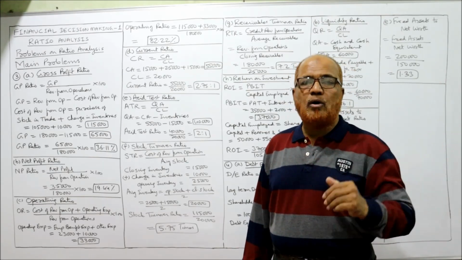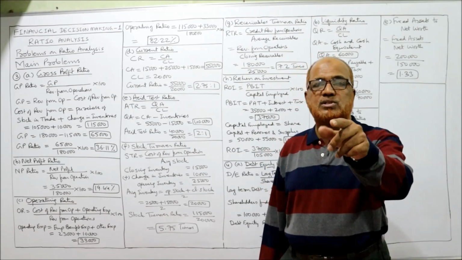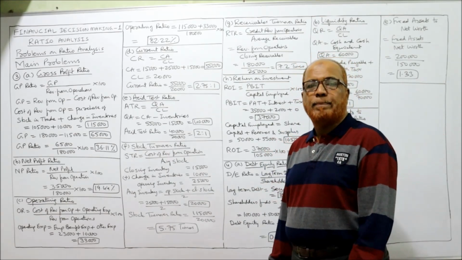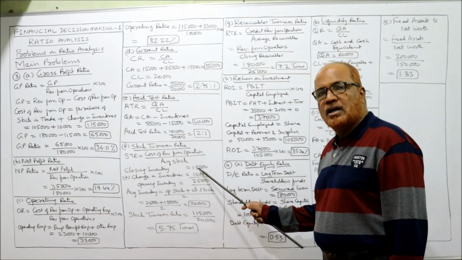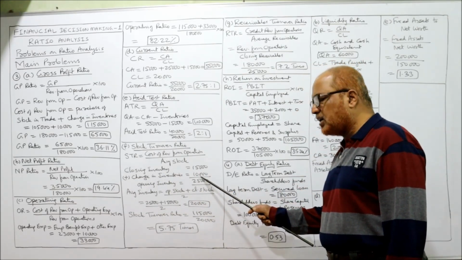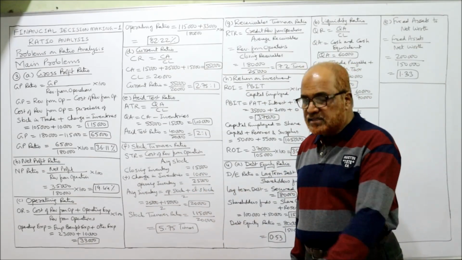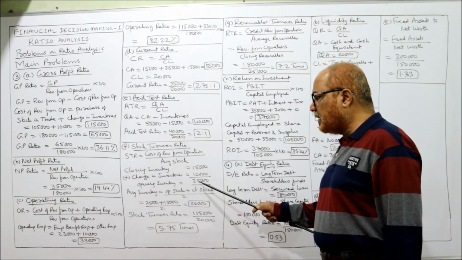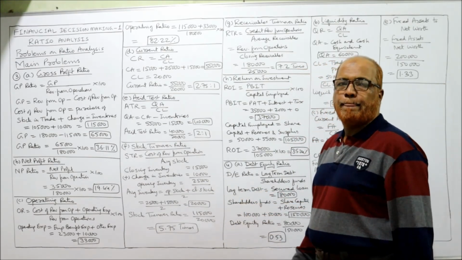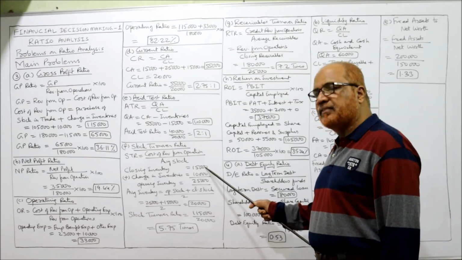The beginning of the year how much? 15,000 plus 10,000. 25,000 was the opening inventory. Opening inventory is 25,000, so closing inventory 15,000. Add change in inventory 10,000. We are adding because it is given positive value. So we have opening inventory 25,000, closing inventory 15,000.